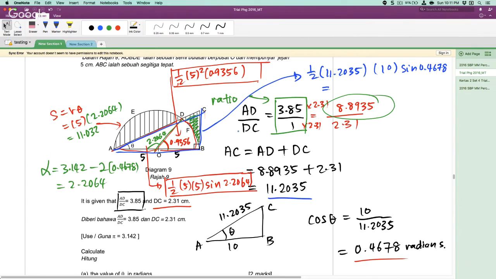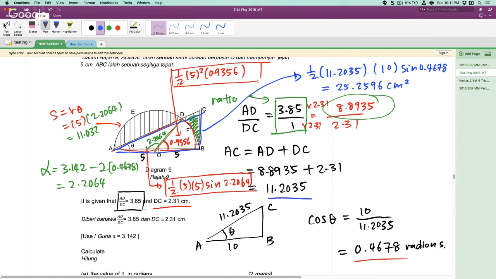So I will try to use the calculator to solve this one. 11.2035 multiplied by 10, multiplied by sine 0.4678. So the area of the triangle should be 25.2596 centimeter square.